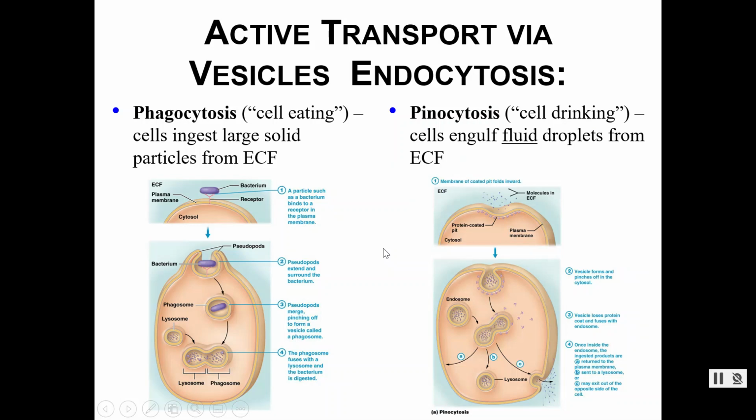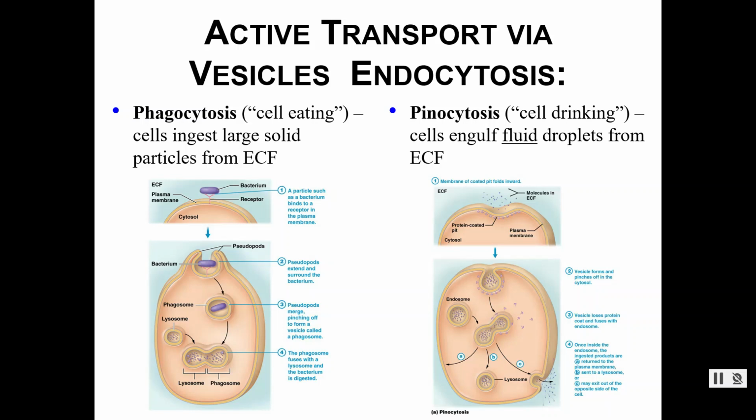Now, last but not least, we can also move larger substances or larger quantities of substances. These are all active transport as well, but these last few are going to require vesicles. So first of all, we have phagocytosis, which is cell eating. This happens when your cells ingest large particles from the extracellular fluid.